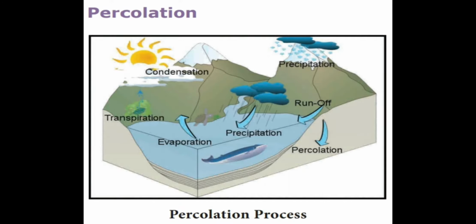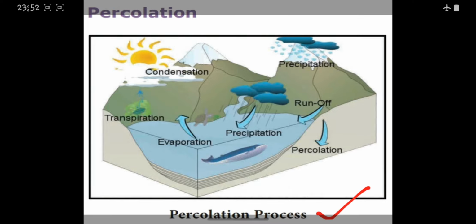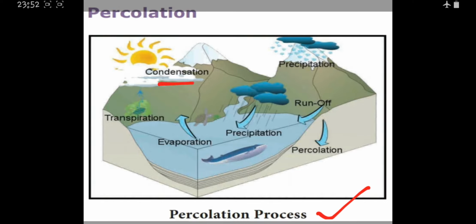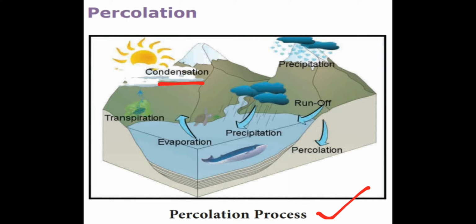Next, this is percolation. What is percolation? Percolation process. Condensation is happening here, transpiration happening from the trees and plants, evaporation happening from the water, that is water is changing into gaseous form. Again precipitation is happening through rain.